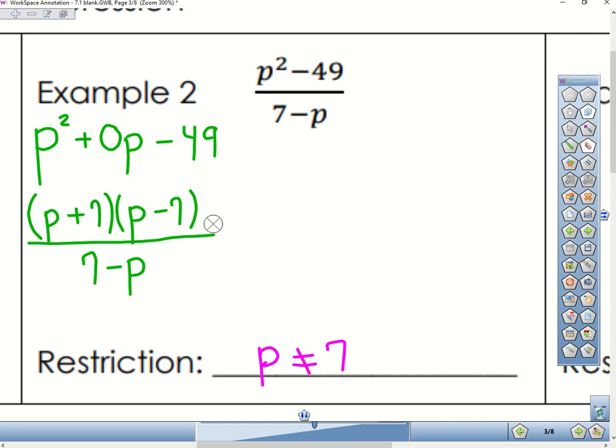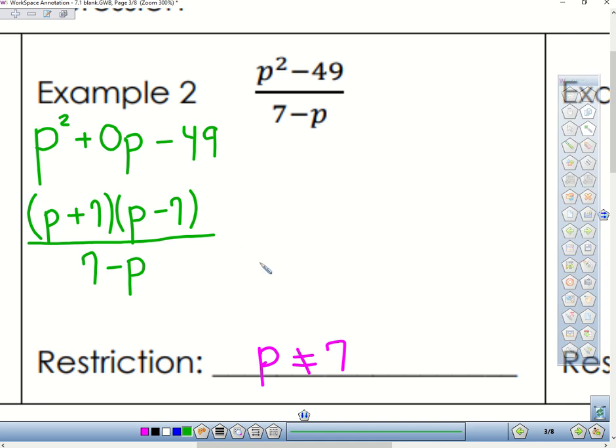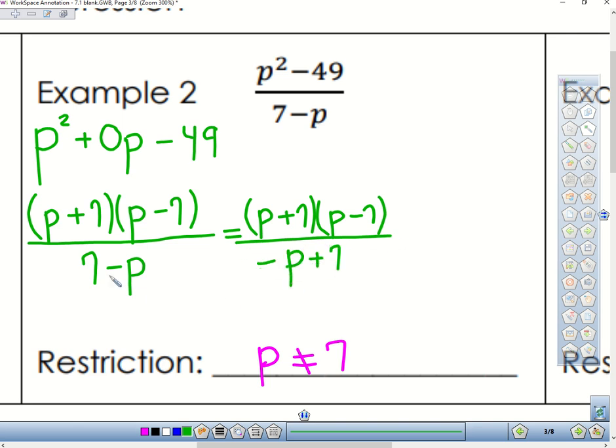Now, is there anything that we can cancel out here? Almost, because the problem is they're not in the same order, right? But let's say we rearrange the denominator like this. So we rearranged it to negative p plus 7, which is the same thing as 7 minus p, right?